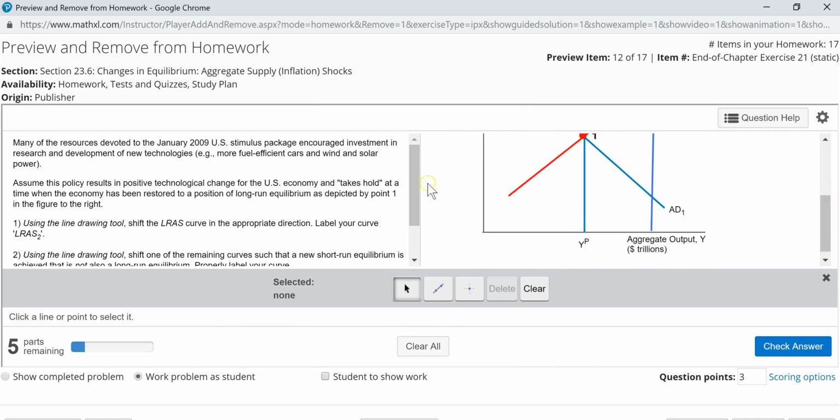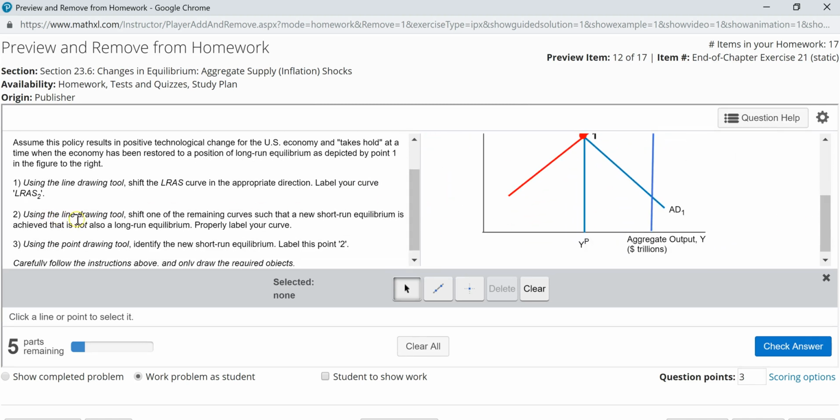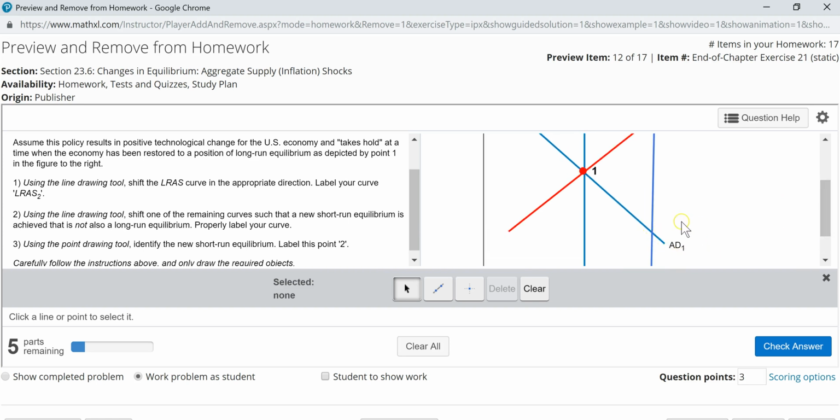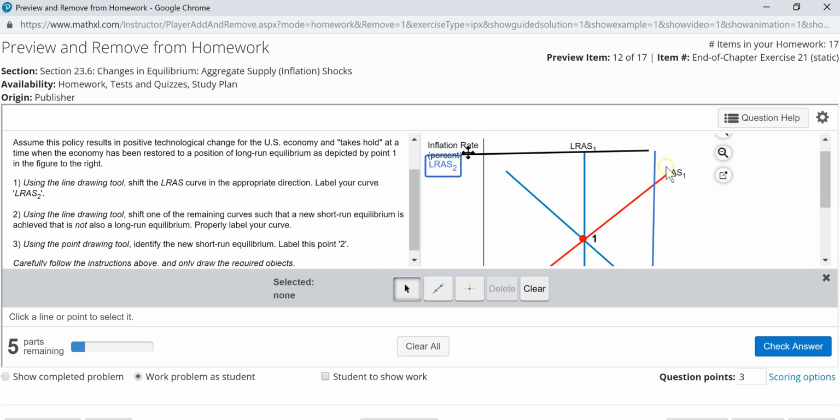And the second part is, using the line drawing tool, shift one of the remaining curves such that the new short-run equilibrium is achieved that is not also a long-run equilibrium. So the new long-run equilibrium is the intersection of the aggregate demand curve and the new long-run aggregate supply curve.